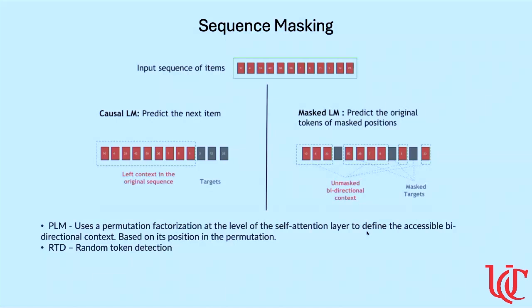There are a couple of different approaches as well, which are permutation language modeling, PLM, and random token detection, which are very similar and more statistical, and they work more on the statistical probability side. But it's fairly simple to try out these options as well if you're using the transformers for reg library.